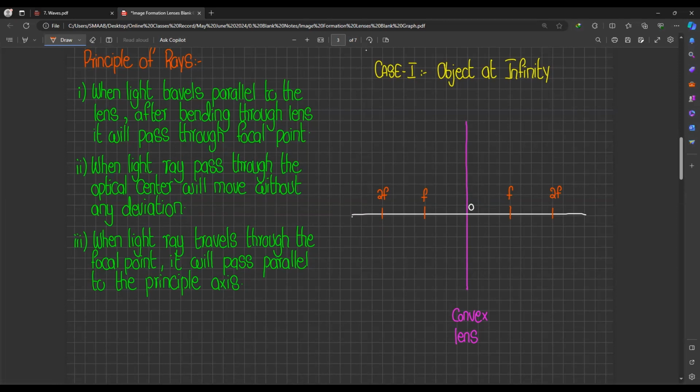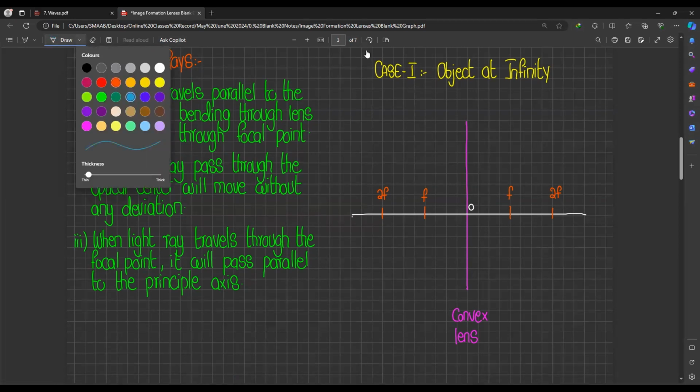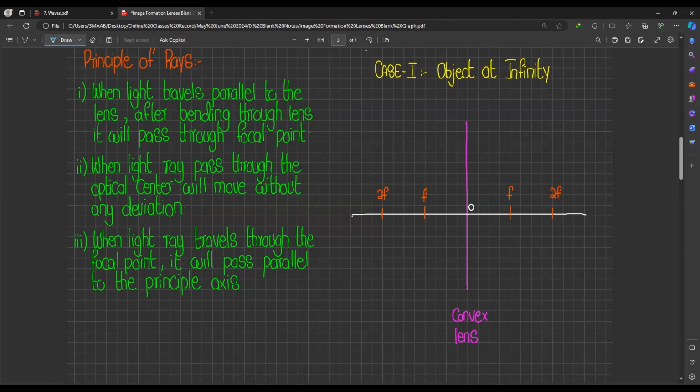So this is the concept of the lenses. And now if we consider two light rays, the first one is passing through the principal focus. Let's suppose one light ray is moving through the principal focus like this.